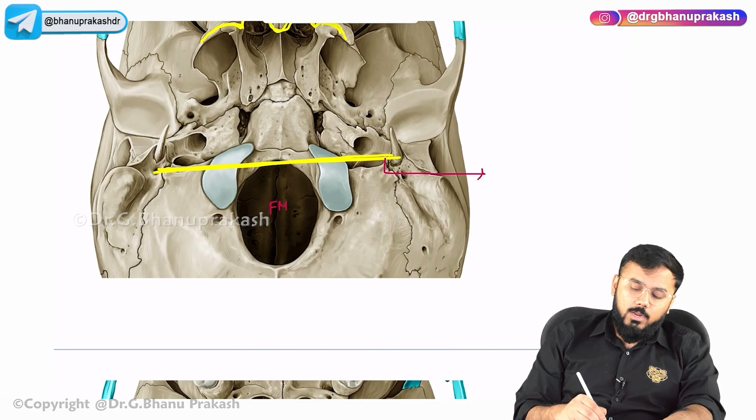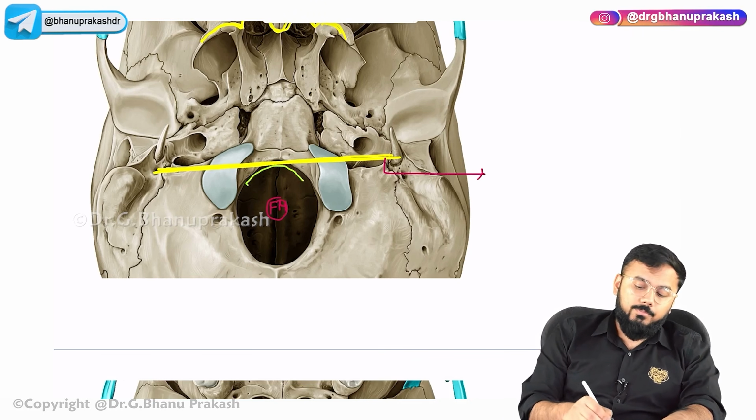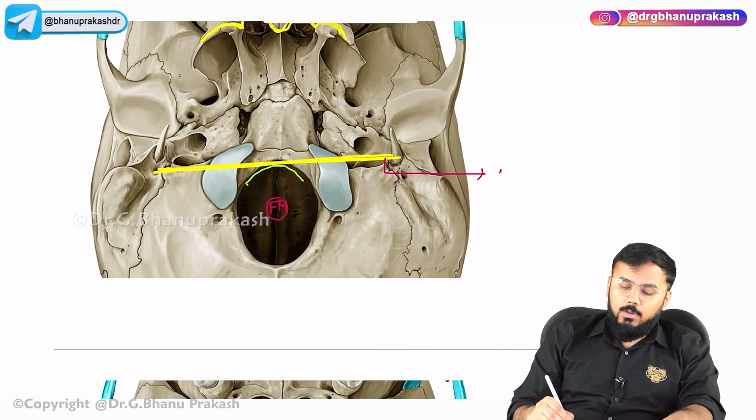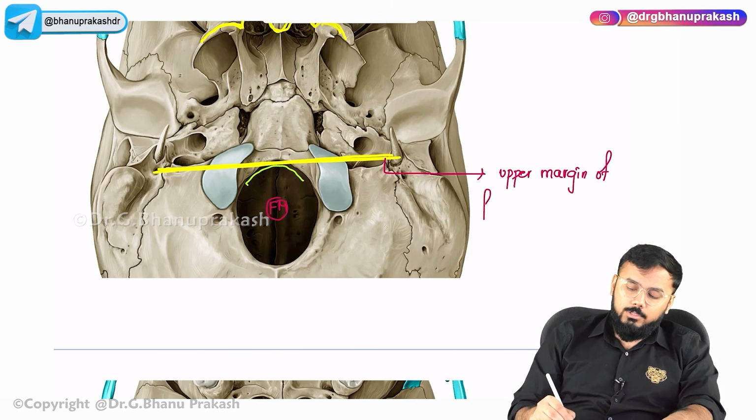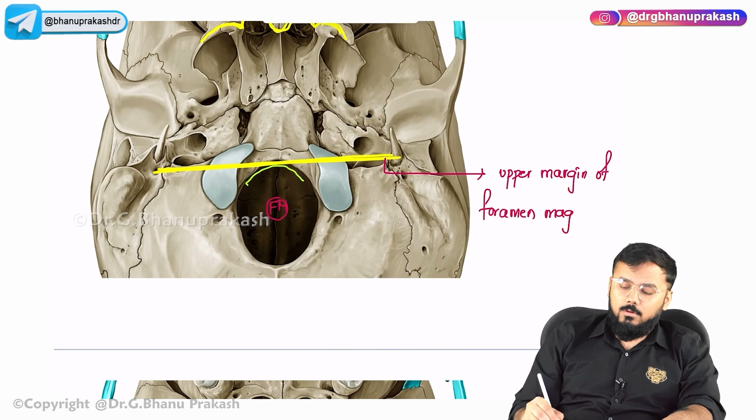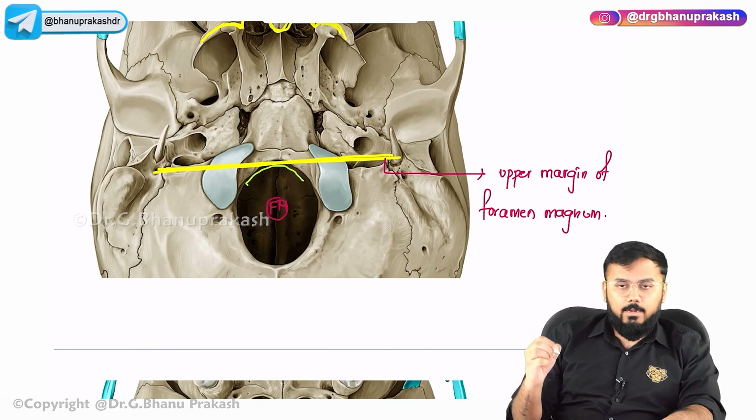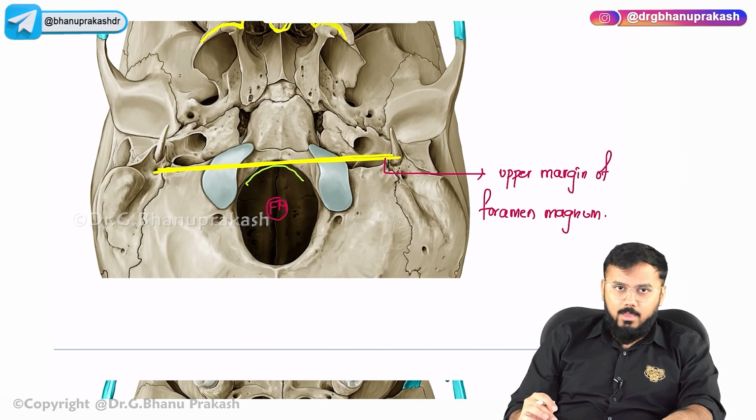This is your foramen magnum, and if that is your foramen magnum, then this will be the upper margin of foramen magnum. So this is a line drawn along the upper margin of your foramen magnum over here.